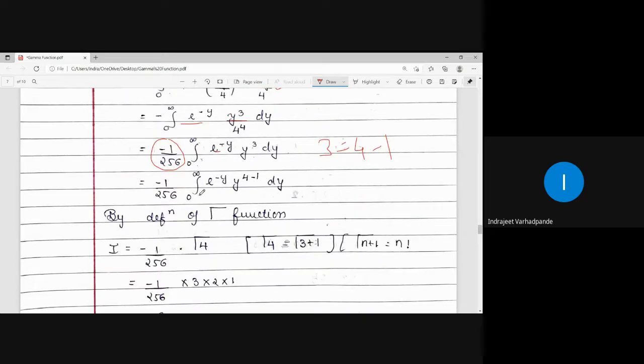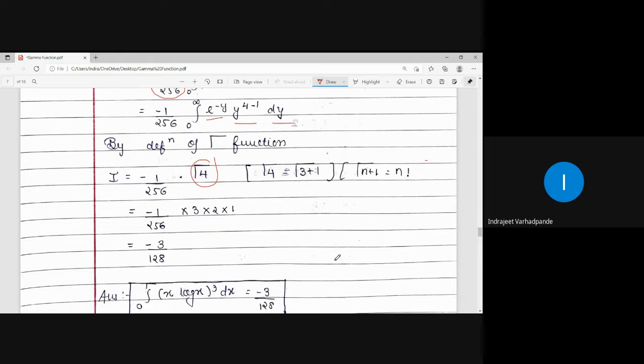So it is integral 0 to infinity e to the power minus y, y to the power n minus 1 dy, that is gamma 4. Gamma 4 is n minus 1 factorial, means 4 minus 1 factorial, that is 3 factorial. 3 factorial is 6, 3 into 2 into 1. So 6 upon 256, it is giving you minus 3 upon 128.